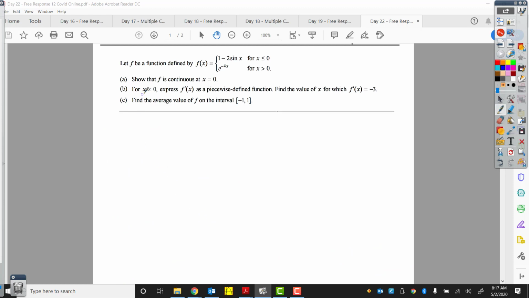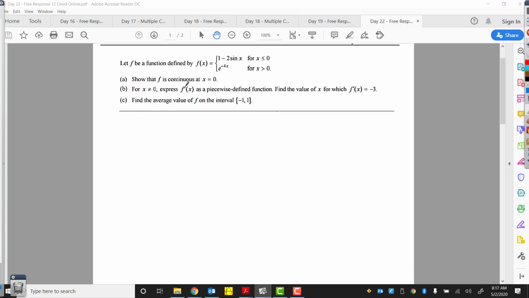For part B, for x not equal to 0, express f prime of x as a piecewise defined function. Find the values of x for which f prime of x equals negative 3. Okay, so first we need to express it as a piecewise function by taking the derivative. So f prime of x is equal to, and we're just going to take the derivative of both the top and the bottom.